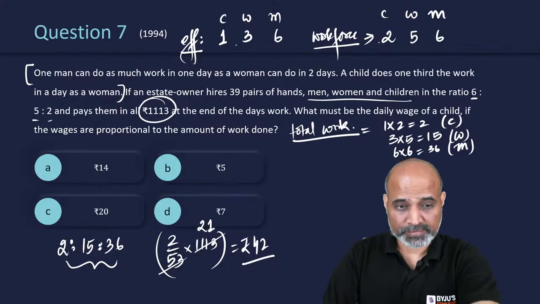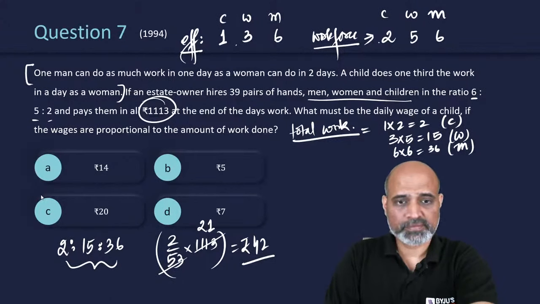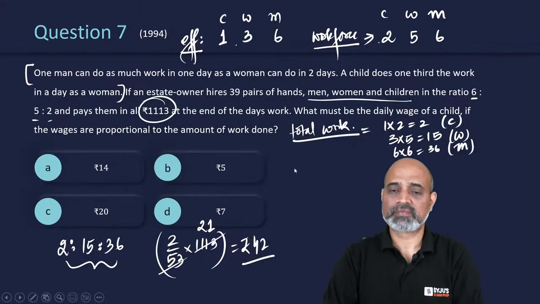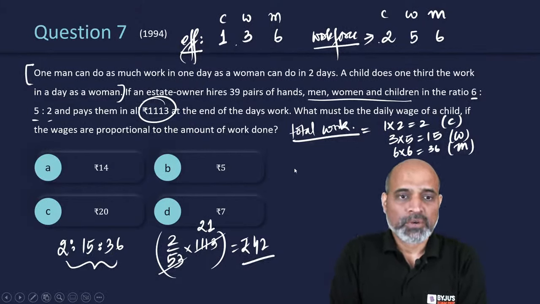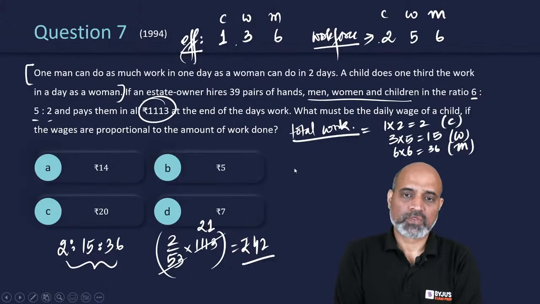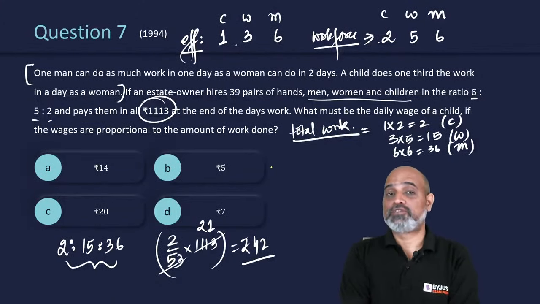है ना? 42 rupees is what the children make. ठीक है. I was thinking 42 option में नहीं दिख रहा.